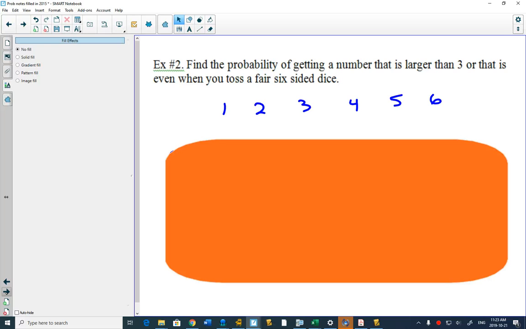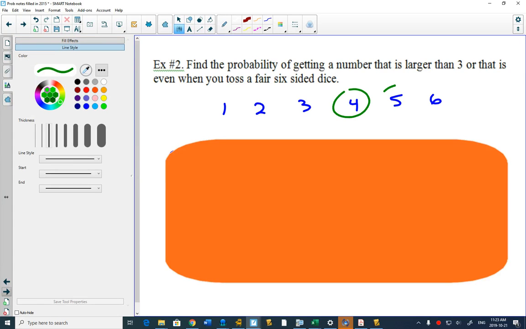So you toss 1 6-sided dice. Probability that it's larger than 3 or even. Larger than 3, I'm going to circle in green.